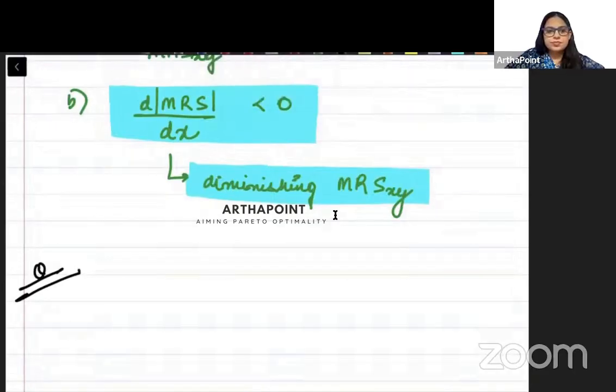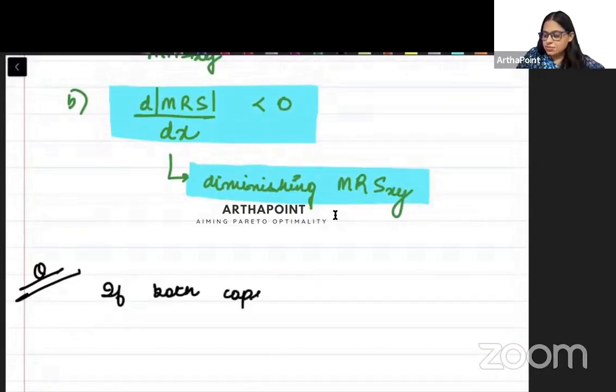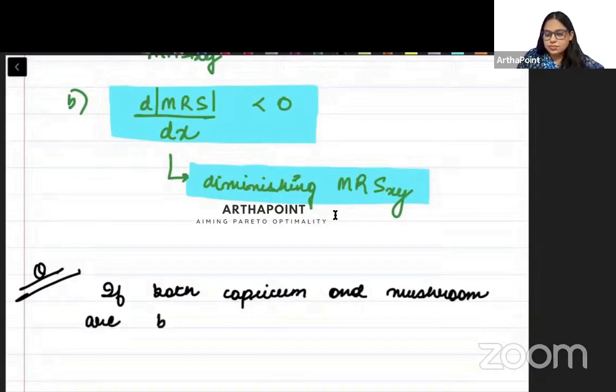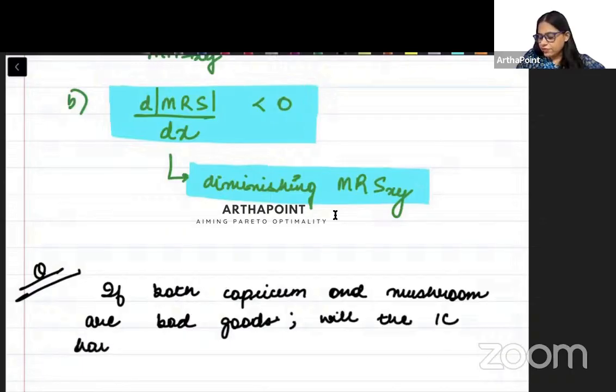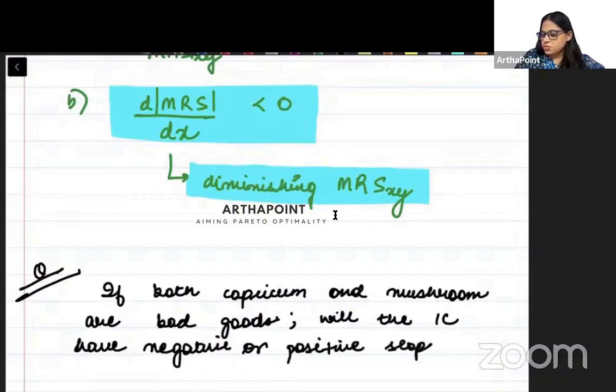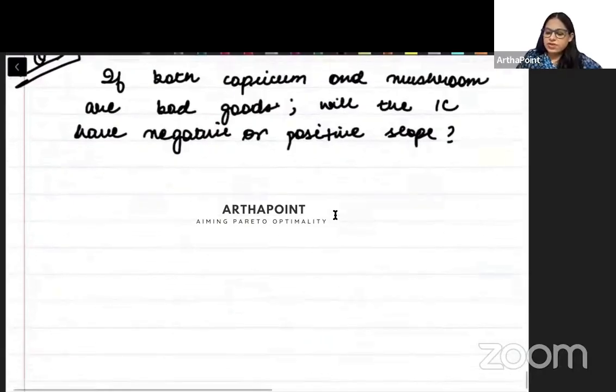So the question is, if both capsicum and mushroom are bad goods, will the indifference curve have negative or positive slope? Will the indifference curve have negative or positive slope?